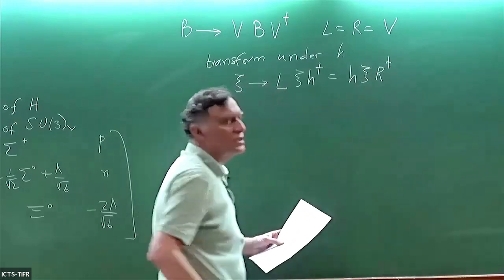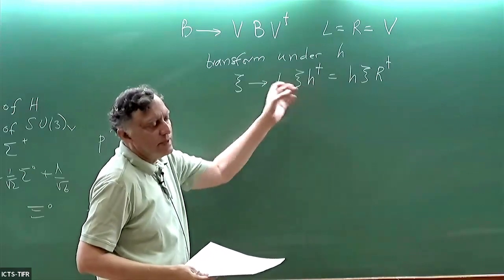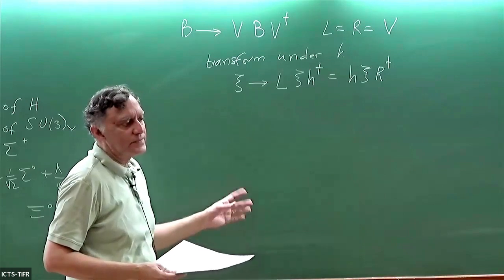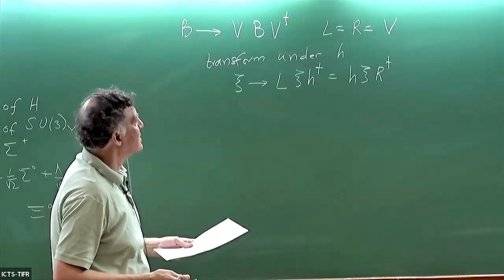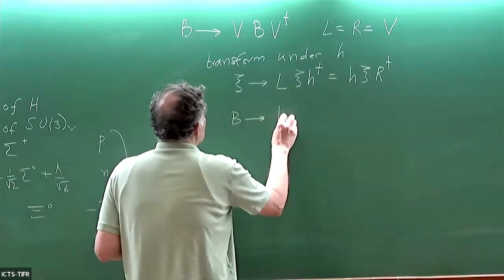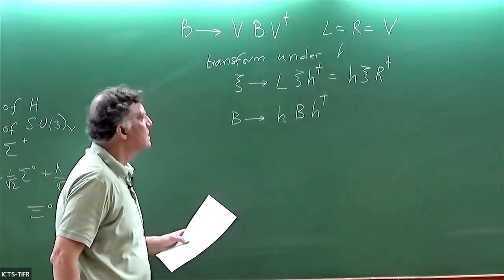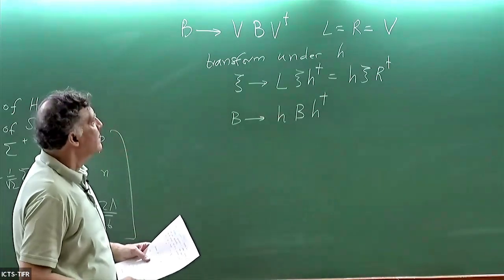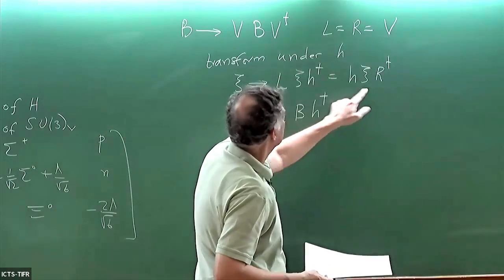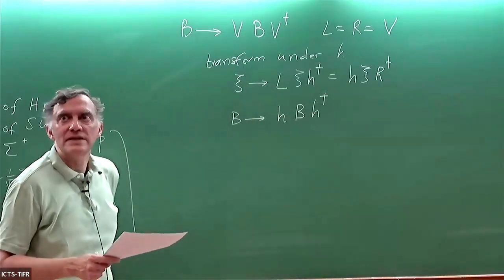So any SU3 cross SU3 transformation produces some H by this formula. And generically in the G mod H symmetry breaking, we also saw that the transformation of the capital Xi had an H in it. And the baryon transforms as an adjoint, B goes to H B H dagger, because when L is equal to R is equal to V, then everything here is an H, and this transforms correctly under SU3 vector.